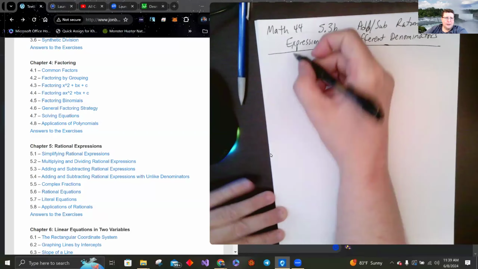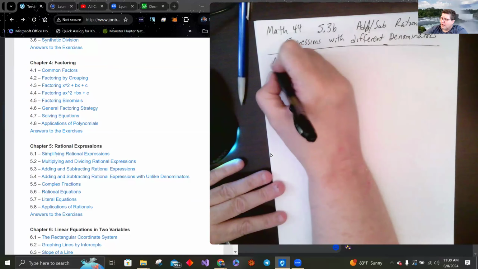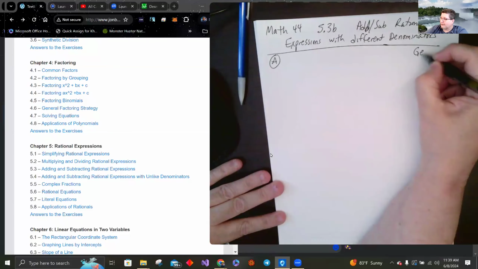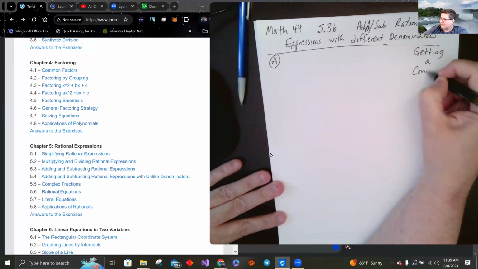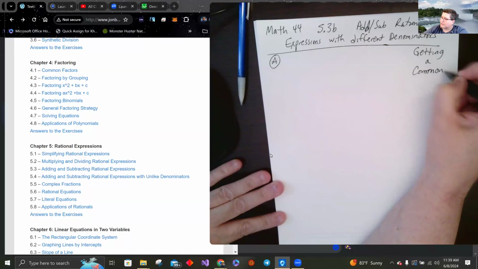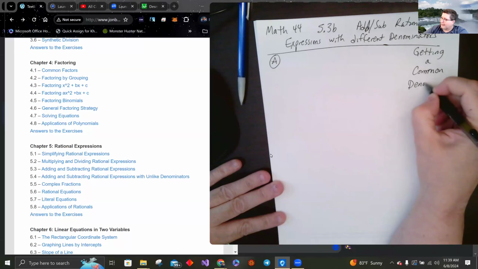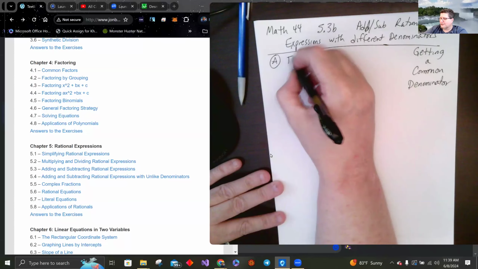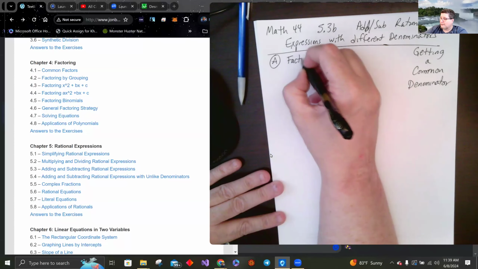What we're going to do first is get a common denominator, just like we did with fractions that didn't have variables. We need to get a common denominator. To do that, we'll factor each denominator completely.